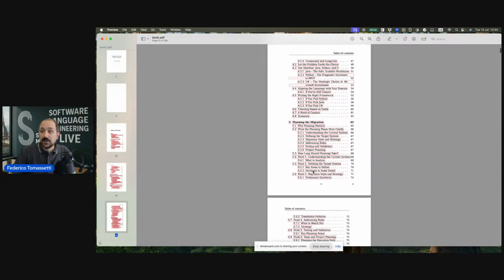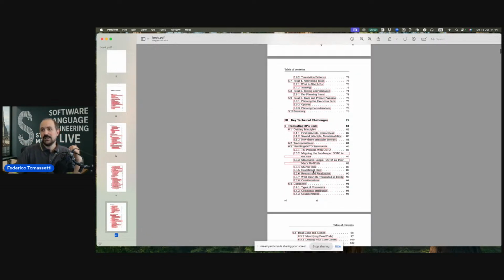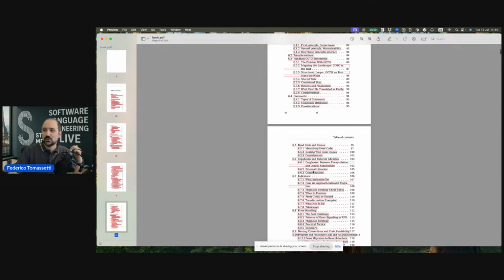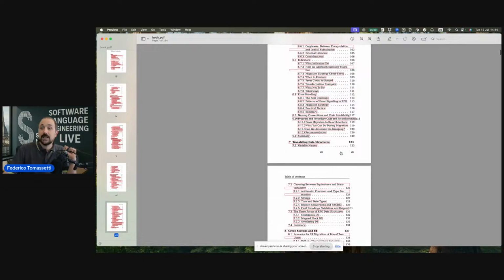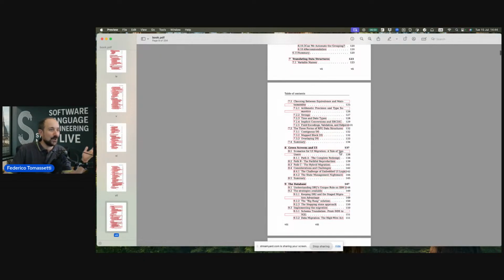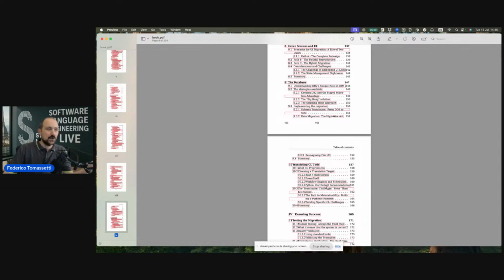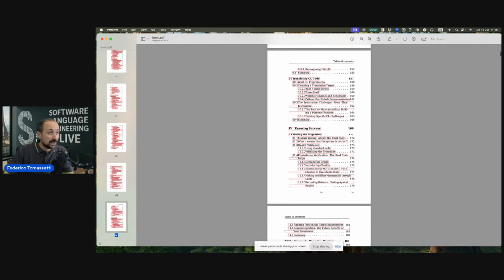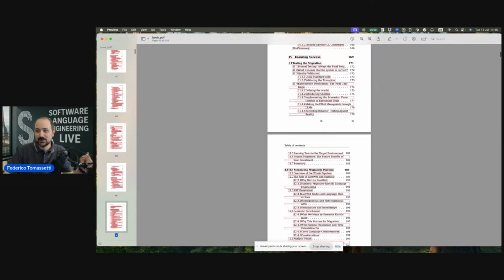Then planning the migration: before jumping into it, how do we plan for this? Then the chapter on translating RPG code is unsurprisingly a little bit long. Then a focus on data structures, green screens, with a lot of questions about green screens, database, CL code, and how we test the migration, which is the favorite question to ask.